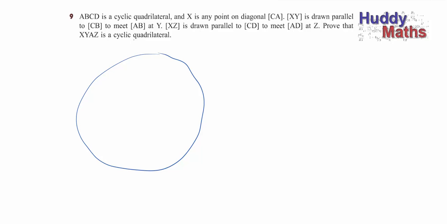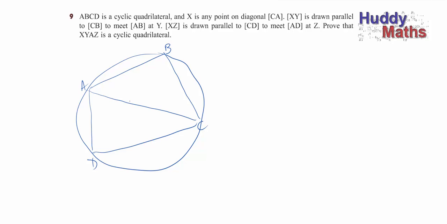Here we have a big circle, and we've got a cyclic quadrilateral inside. So we're going to have something like this. Okay, so we'll go A, B, C, D, always labelling successively either clockwise or anti-clockwise around the figure. Don't cross across it. Okay, and we're told XY is drawn parallel to CB to meet AB at Y. So here, X is any point on the diagonal CA, better draw that first.